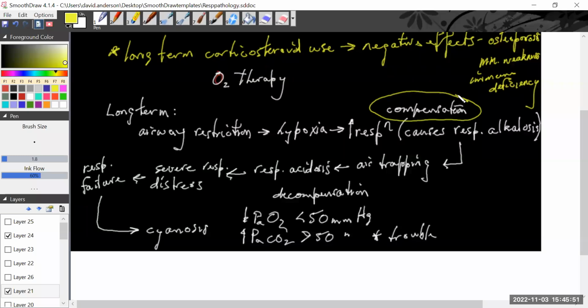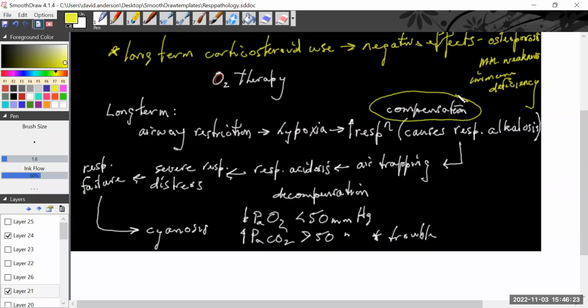As a result of that early elimination of CO2, you're establishing potentially a respiratory alkalosis. Now, because that's not going to work in the case of somebody with asthma, because their air is being trapped behind those plugs, the carbon dioxide doesn't escape. So instead, we're going to develop acidosis because of the failure to eliminate carbon dioxide. So it's a progression.